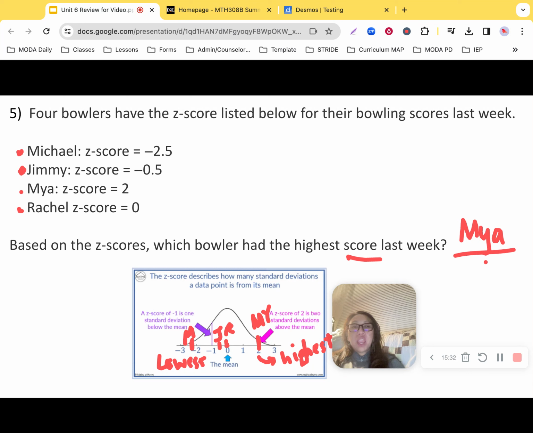So Maya scored the highest last week based on their z-scores. And if you're looking at the lowest score, obviously Michael scored the lowest because he's all the way below the average, or below the mean. All right. So that's for number 5.